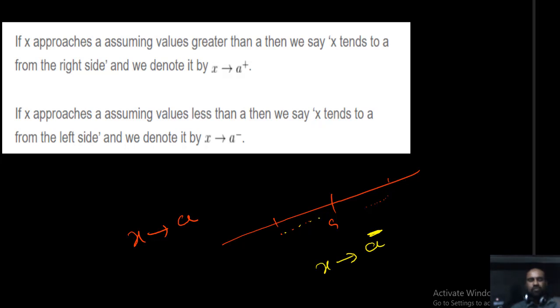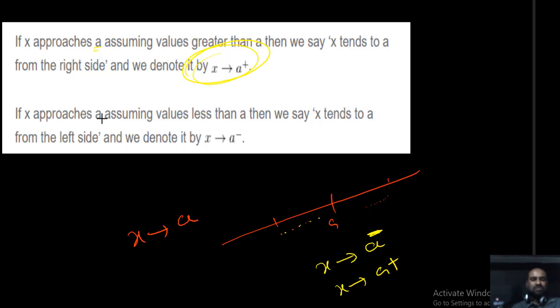If x is approaching higher values of a, symbolically you can write x is tending to a plus. When x approaches a assuming values greater than a, then we say x is tending to a from the right side, or you write x tending to a plus.